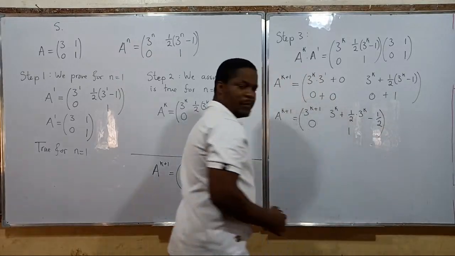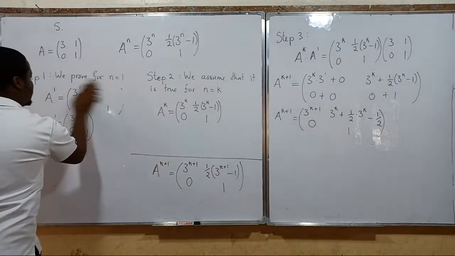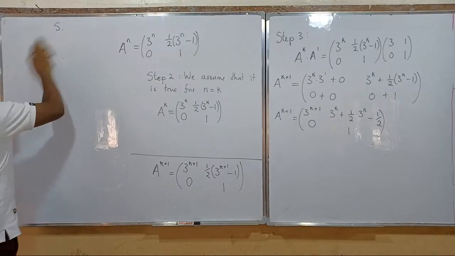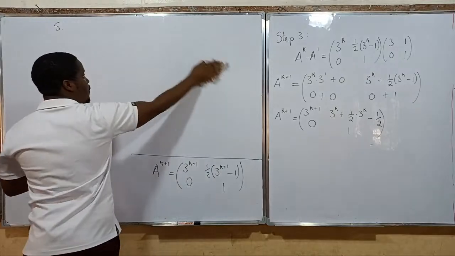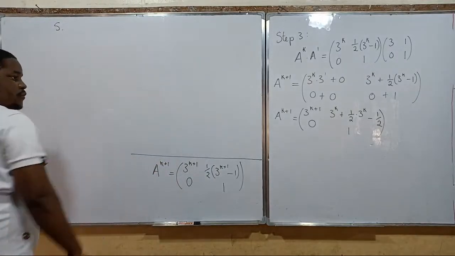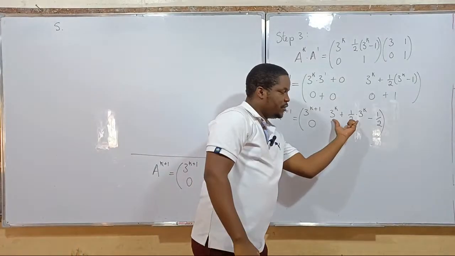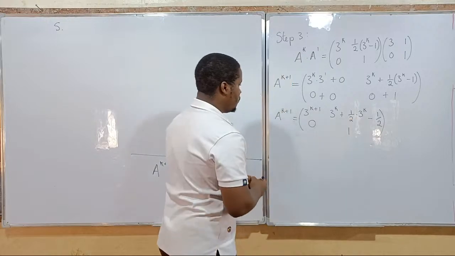Now I'll finish a lot of space, so let me bring it here. We're manipulating that part. Let's see how we can break it down. Everything else doesn't matter now. For the first two terms, what is common? 3 to the k, right? Let's factor it out.